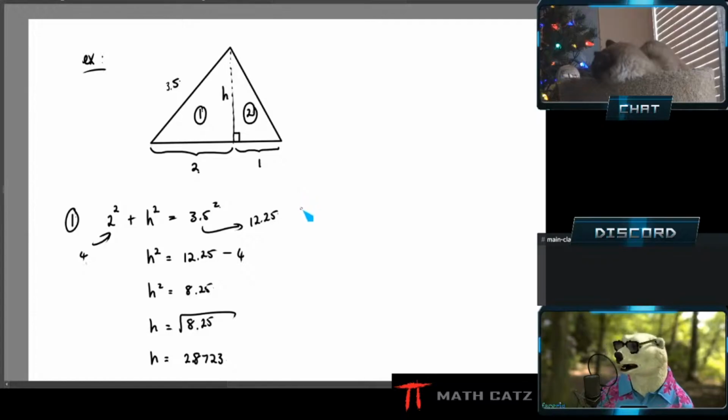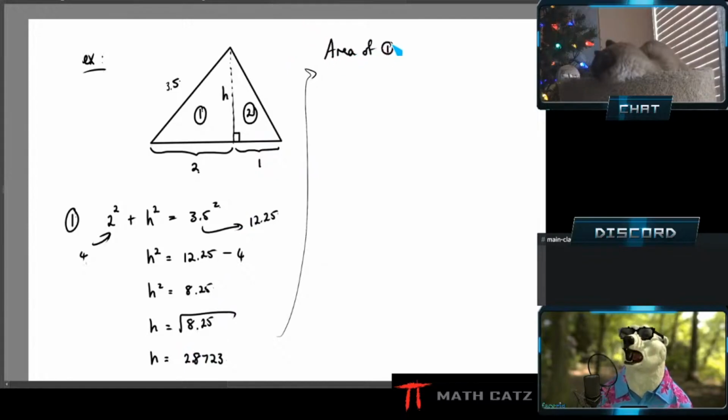Okay, so let's go up here so I can see everything. So now I have enough information for both triangles. I know I didn't need it for, well, no, I did need it. I did need it for both. So area of triangle 1 is now 1/2 times the base times the height.